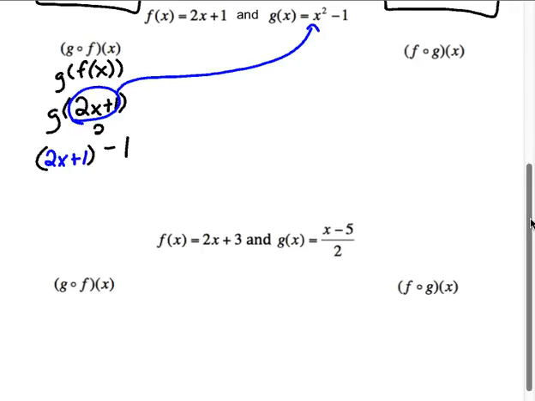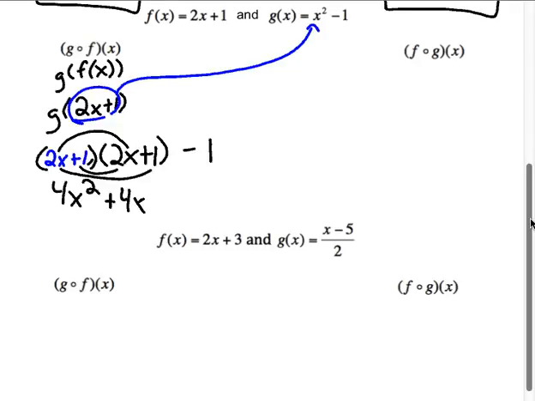And something that you're hopefully getting pretty good at is recognizing that when I have to square something like that, squaring something that looks like that is really the same as multiplying it times itself. I would think of it like that because that's going to help you remember that ultimately you're foiling this thing out. 4x squared, 2x plus 2x is 4x, plus 1.